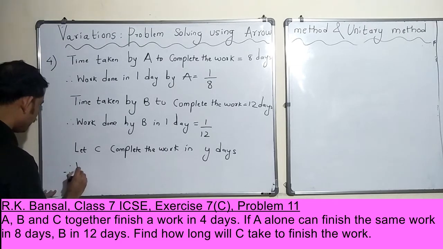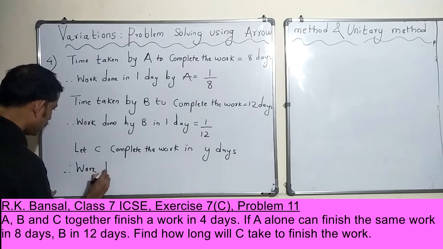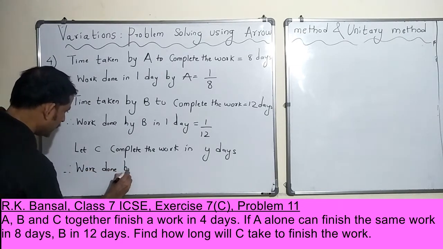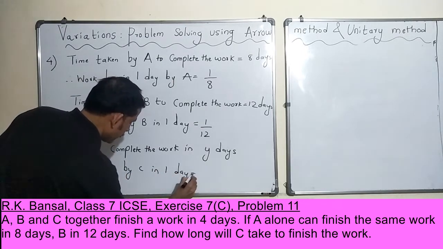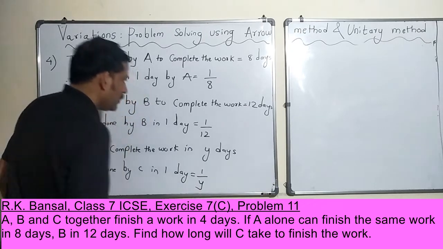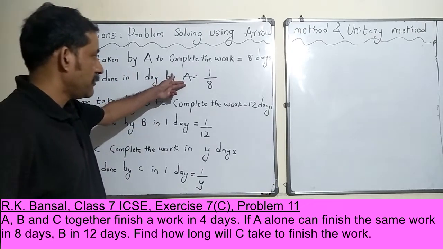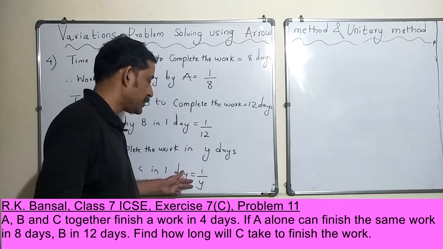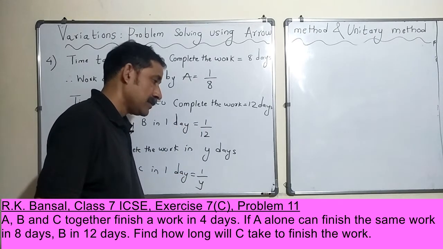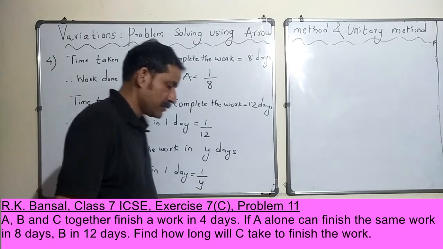Therefore, work done by C in 1 day, same 1 by Y, right? So now A in 1 day will finish 1/8 of the work, B will finish 1/12 of the work, and C will finish 1 by Y of the work. Okay, all right. So this is good.